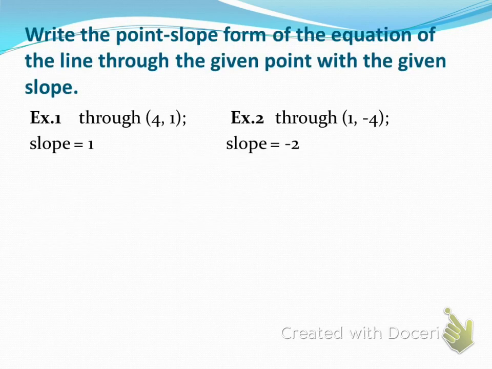All right, so we are asked to write the point-slope form of the equation of the line through the given point with the given slope. If you need a refresher, you could write the general form up at the top: y minus y1 equals m times x minus x1.